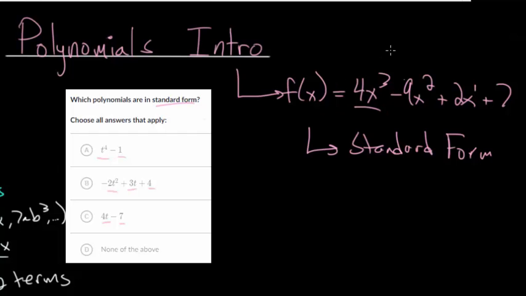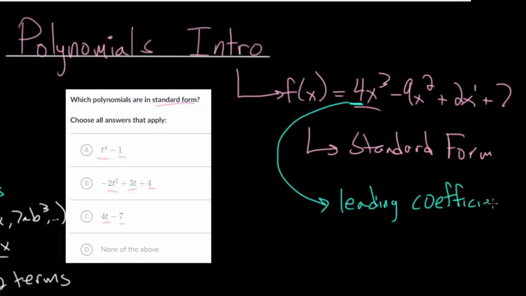Now, this highest power of x, this is also a key part of our vocabulary, since the number 4 is what we call the leading coefficient. And remember, coefficient is just a complicated word to describe a number multiplied by your variable. So -9, 2, and 7 are all coefficients, but the leading coefficient is the coefficient on the highest power term.